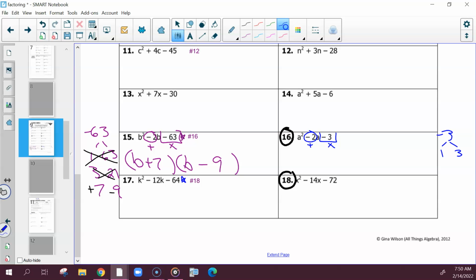Because of the type of problems we're dealing with, the bigger number has to be negative. So our factors would then be a minus 1, I'm sorry, I wrote that backwards. I said it, but I wrote the wrong thing. A plus 1 and a minus 3.